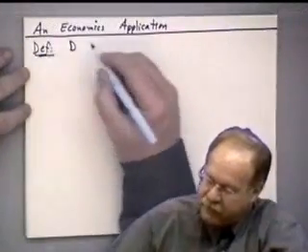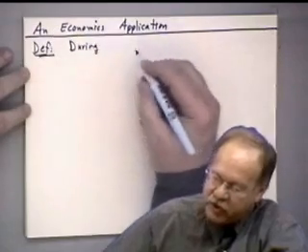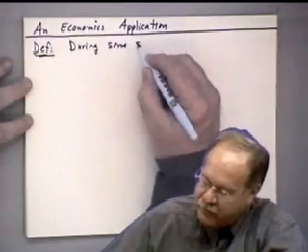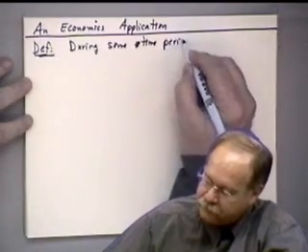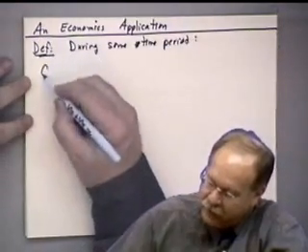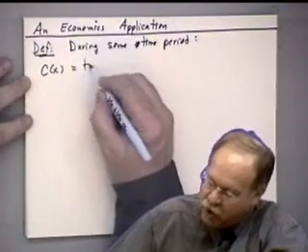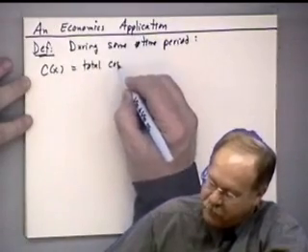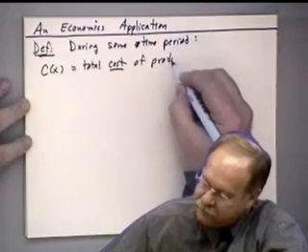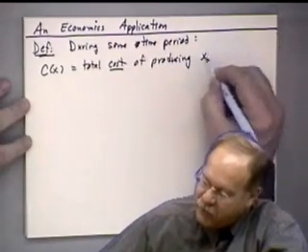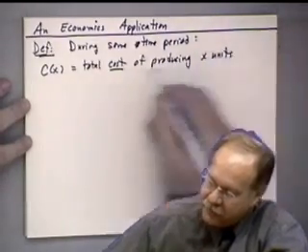During some time period, let's give some definitions here. During some time period, let's let C of x be the total cost, so C for cost, of producing x units of whatever the product is we're interested in.